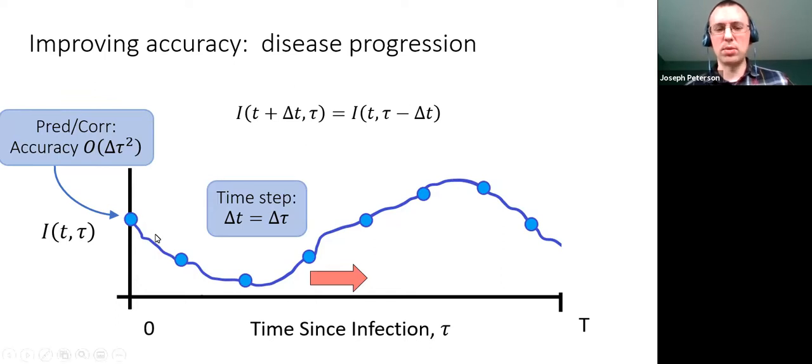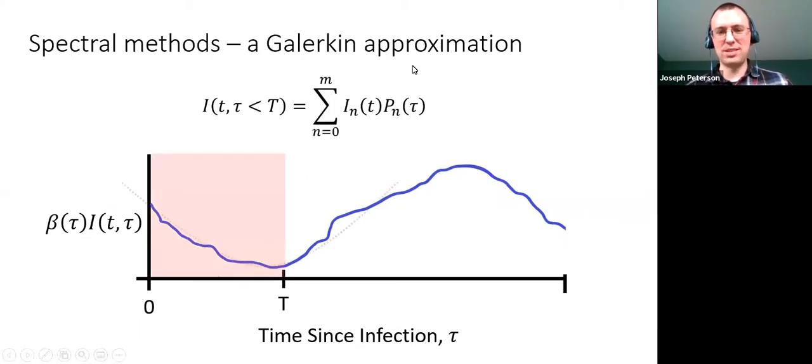So it gives you better accuracy, it gives you the opportunity to use fewer grid points, and it lets you do adaptive time stepping. To achieve those things, we're going to look for a Galerkin approximation.